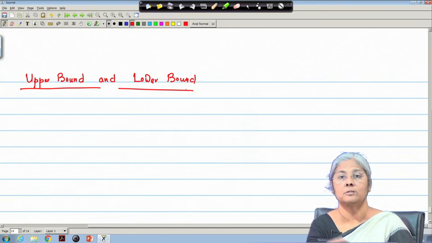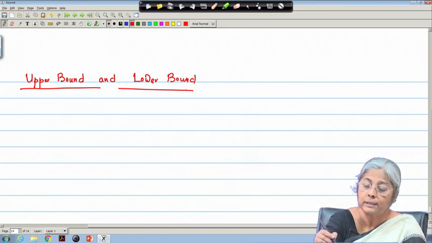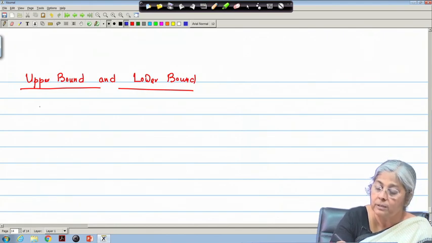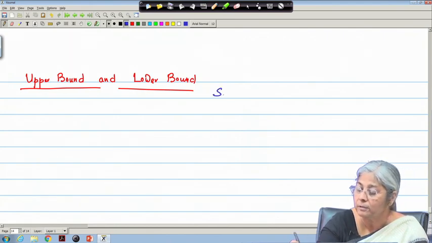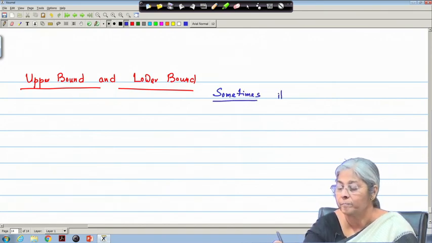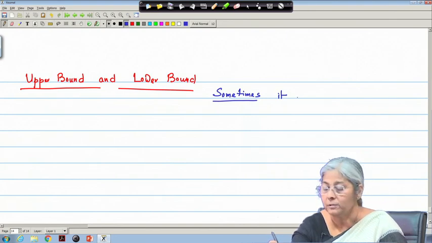Since, as we have just seen, the greatest element or the least element does not always exist, sometimes it is possible to define it like that.